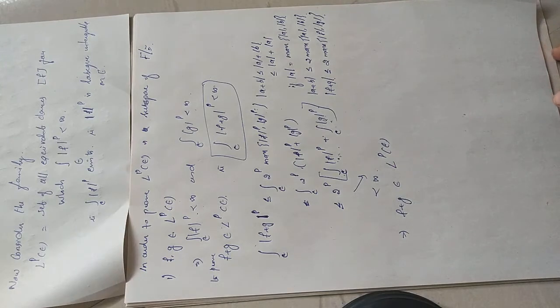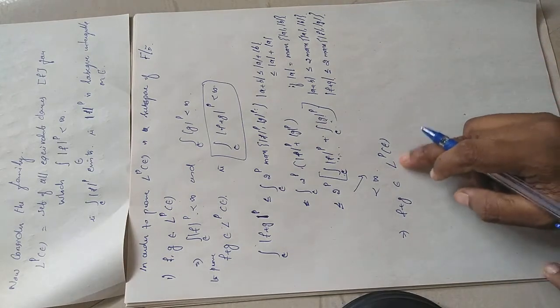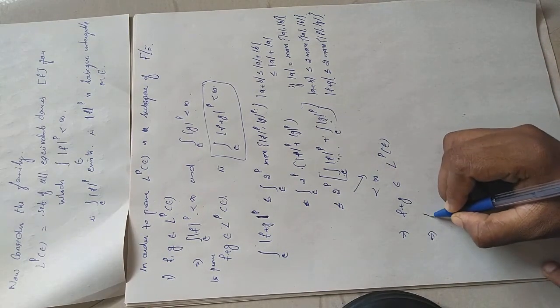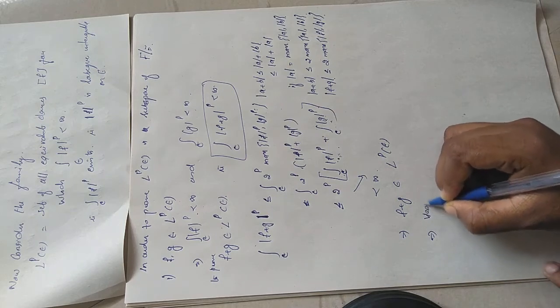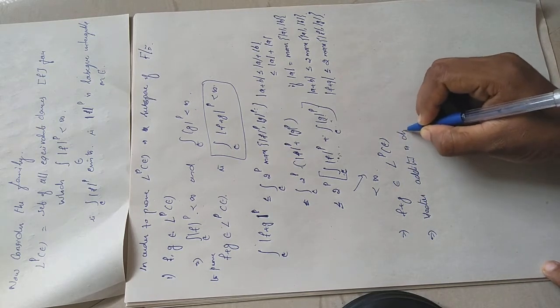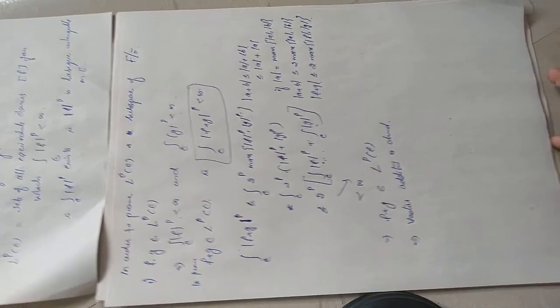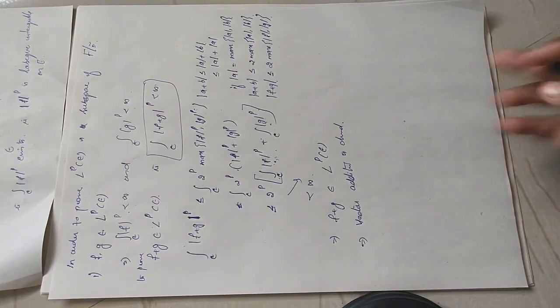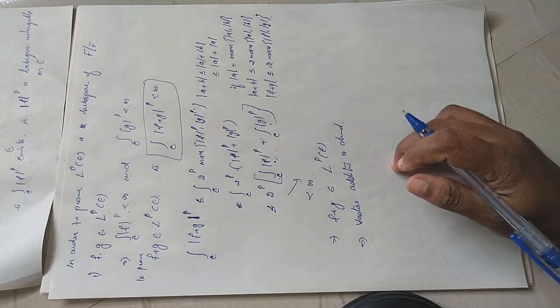Okay, so f plus g also belongs to LP of E, which implies LP of E is closed under vector addition.